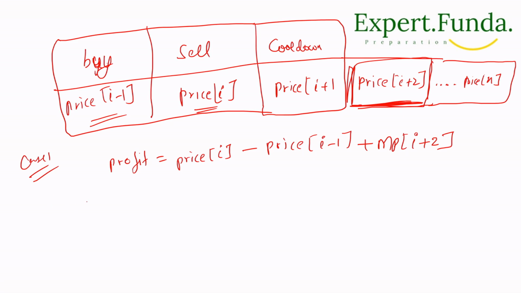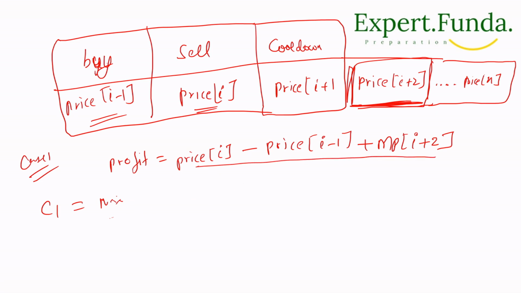If we take this case, how can we represent the maximum profit? So for case 1, I'm taking C1, and that is the maximum of this price, of this one, every one that we have just taken from here to here.